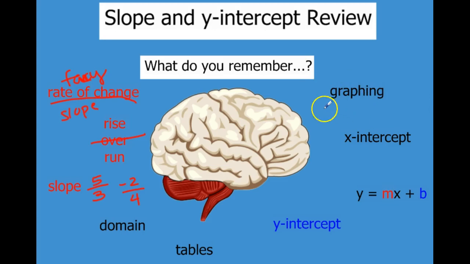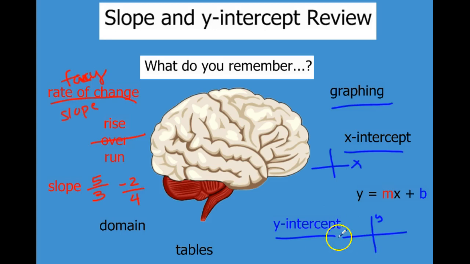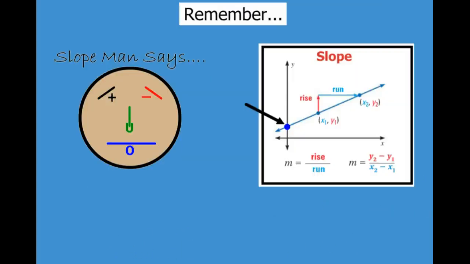Some things we know how to graph. We know what an x-intercept and a y-intercept are. A y-intercept crosses the y-axis, and the x-intercept crosses the x-axis. We've used the equation y equals mx plus b. We've used tables. All these things we know how to do, but we're going to focus on slope. Slope, remember, is counting rise up and down first, and then run.